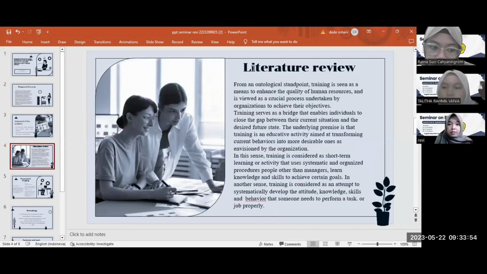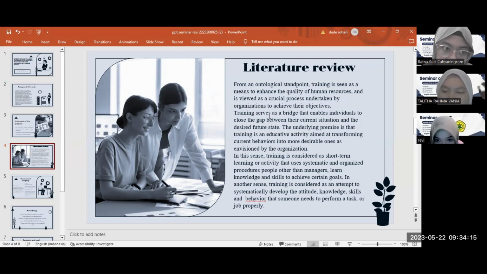The next, literature review. From an ontological standpoint, training is seen as a means to enhance the quality of human resources and is viewed as a crucial process undertaken by organizations to achieve their objectives.